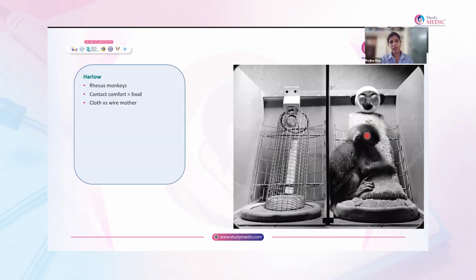He observed that the monkeys significantly preferred the cloth mother over the wire mother. His work revolutionized the field of attachment by proving that contact comfort is more essential for bonding than the provision of food.